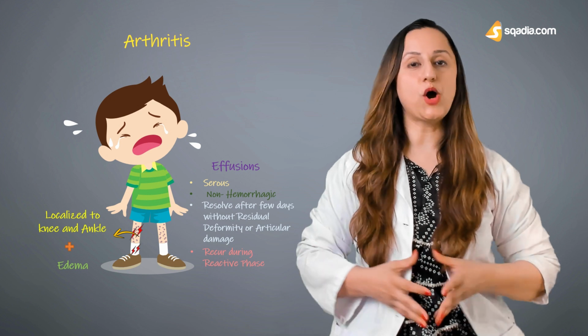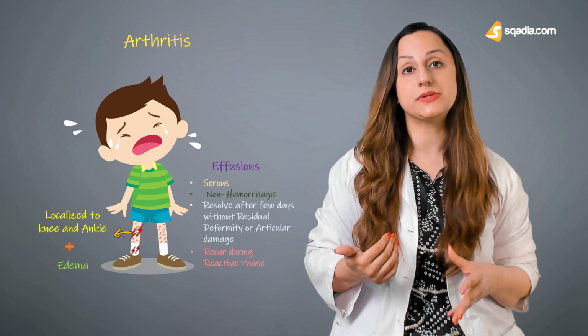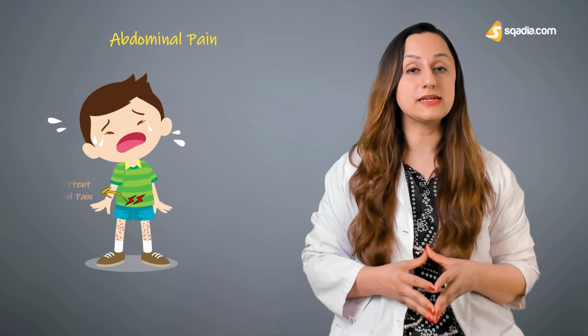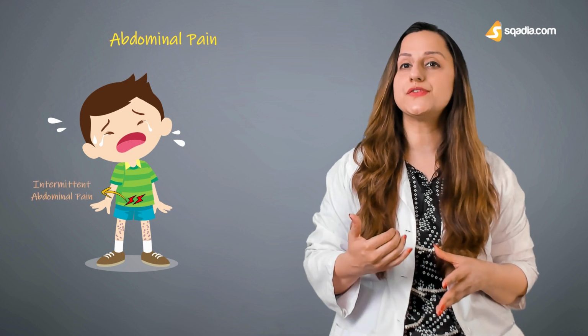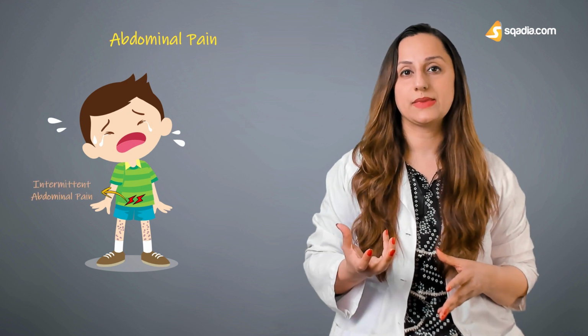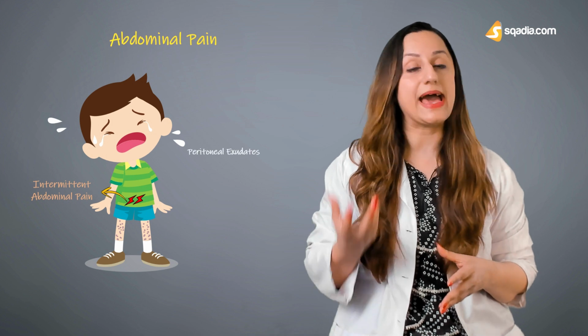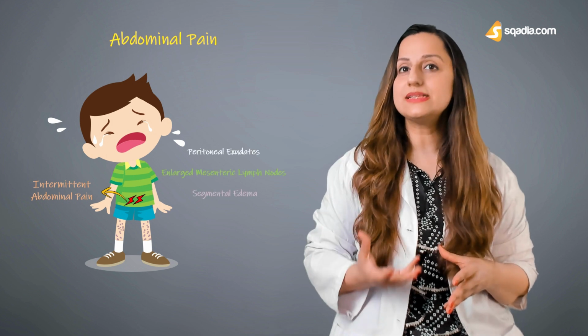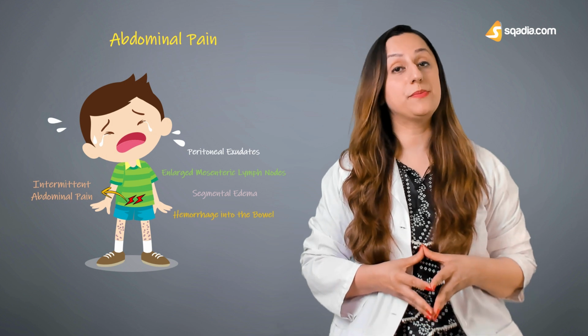A very important symptom, which is quite noticeable in these children, is abdominal pain. Intermittent abdominal pain that is often colicky in nature. There may be peritoneal exudates, enlarged mesenteric lymph nodes, segmental edema, and hemorrhage into the bowel as well.